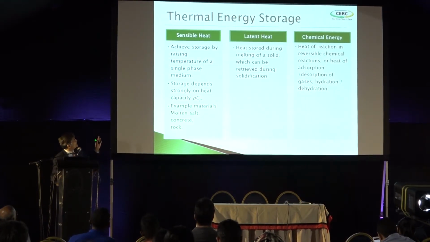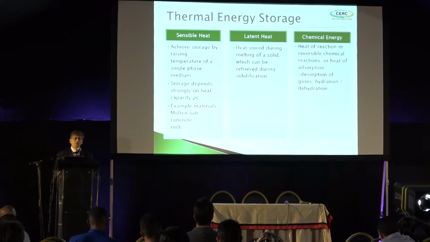You can do what is called sensible heat storage. This is where you can heat a liquid or you can heat a solid, and as the temperature ranges, you are storing energy. Or you can do latent heat storage. That's where you change the phase of a material. That is, you heat a material and it goes from solid to liquid, it stores latent heat.